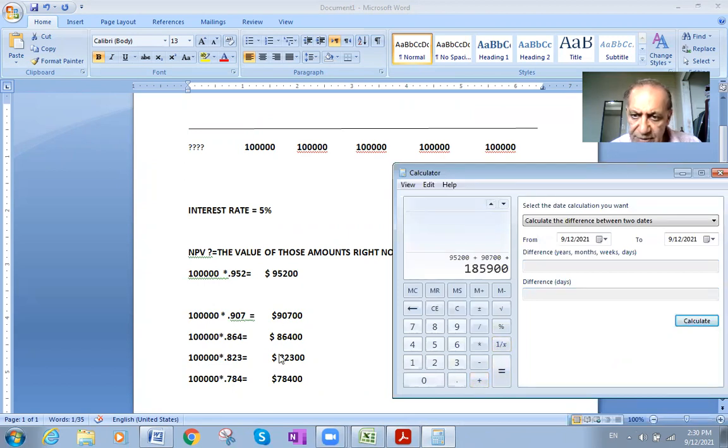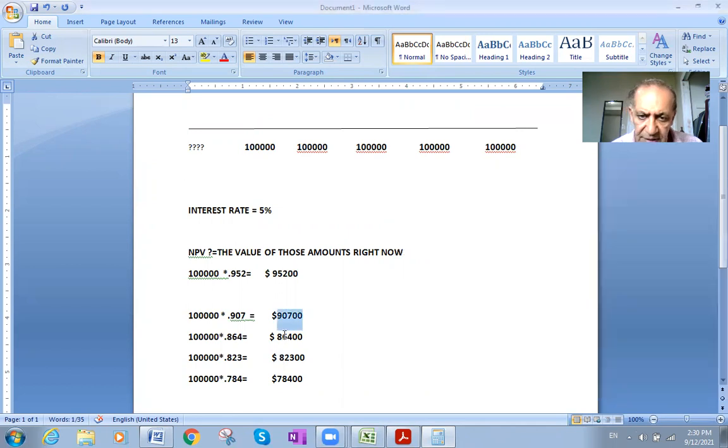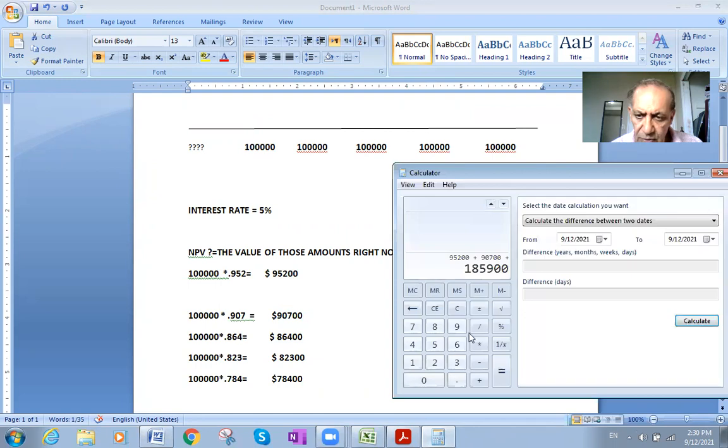The third amount is this amount, Control and C. We'll go here also, plus, Control and V, plus.